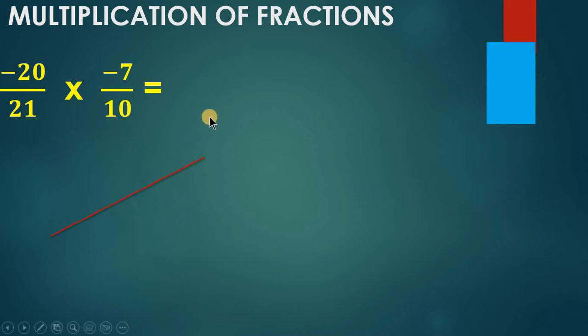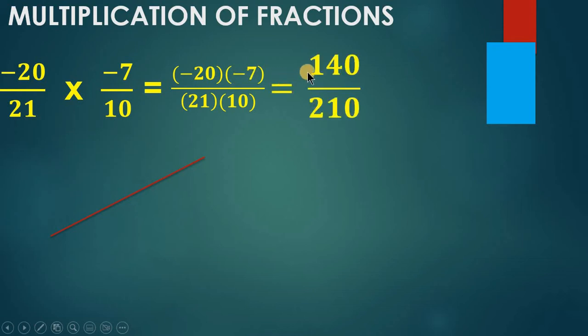So, multiply natin. We have negative 20 multiplied by negative 7 all over 21 times 10. Negative 20 multiplied by negative 7 is 140. Then, 21 multiplied by 10, we have 210.